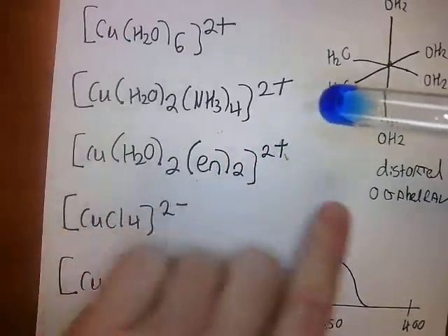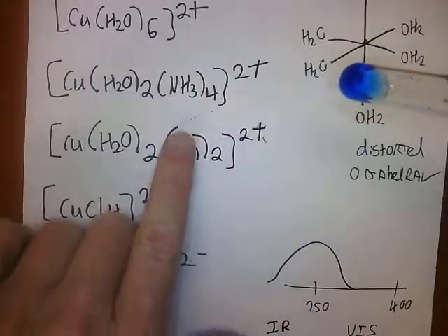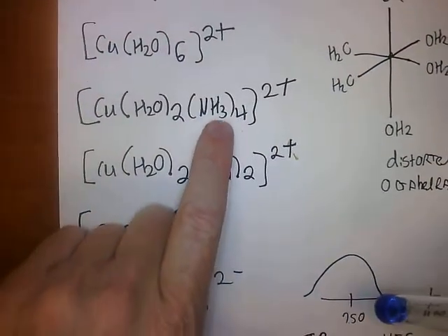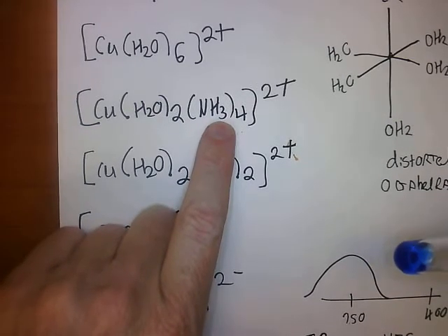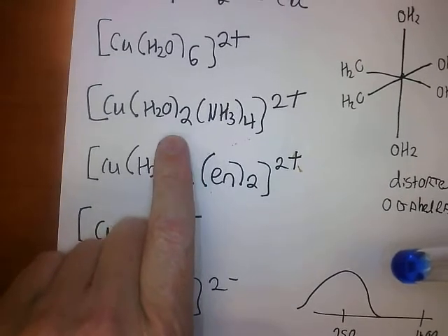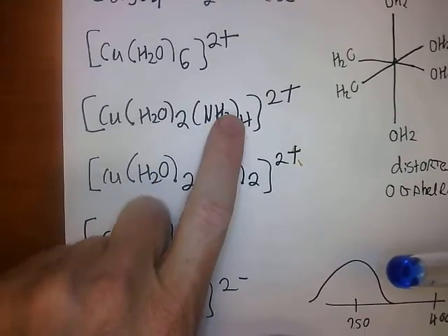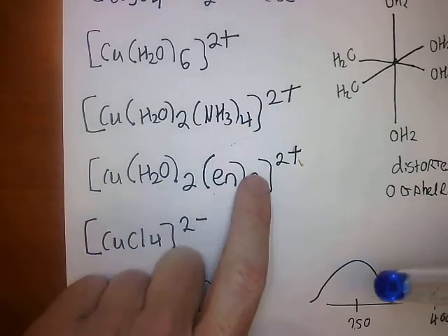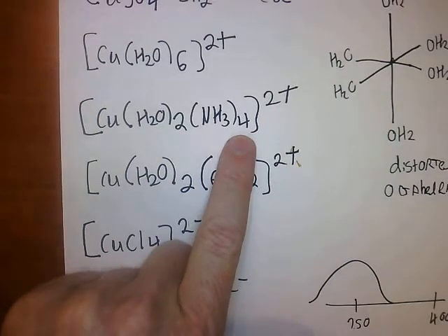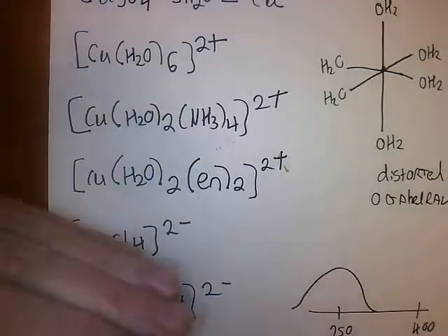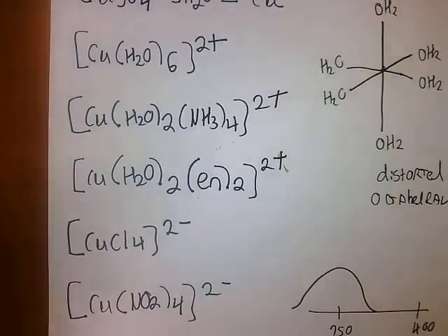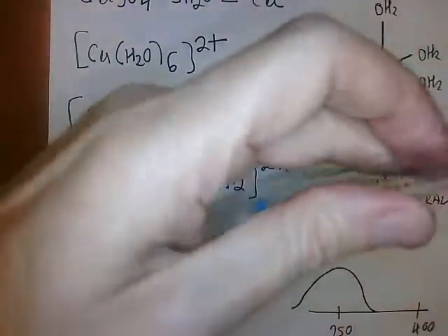Now, here's another way that copper is weird: it only changes out 4 of the water molecules. It hangs on to 2 of those water molecules, so it's not a hexaammine that's produced, it's rather a tetraammine. Okay? To the third tube, we're going to add some 25% ethylene diamine.